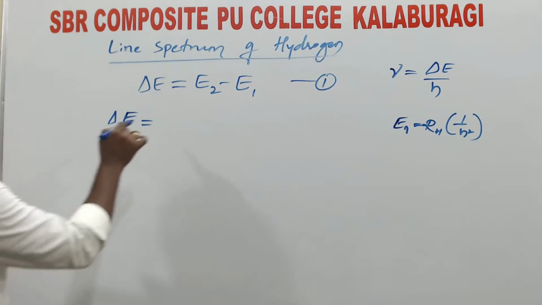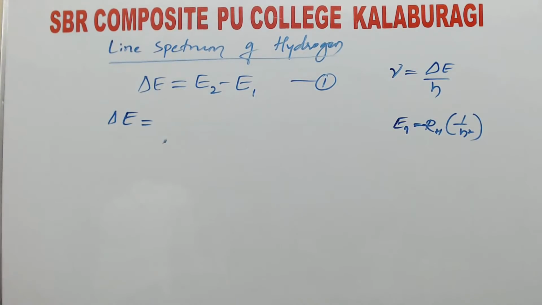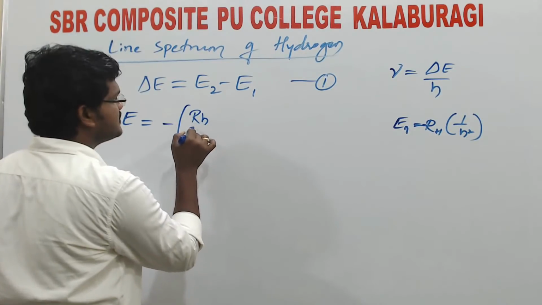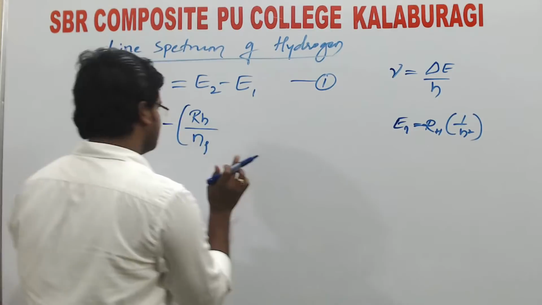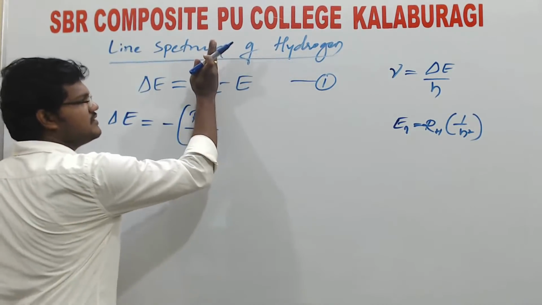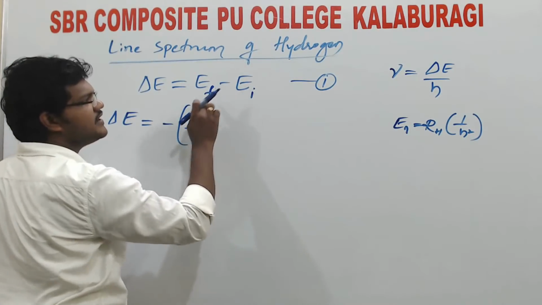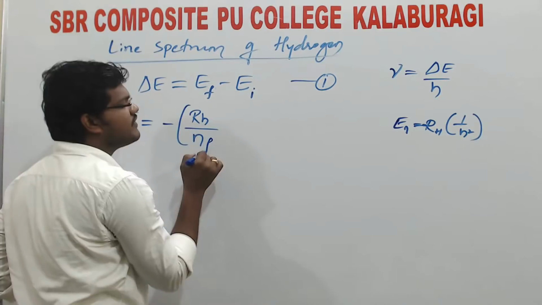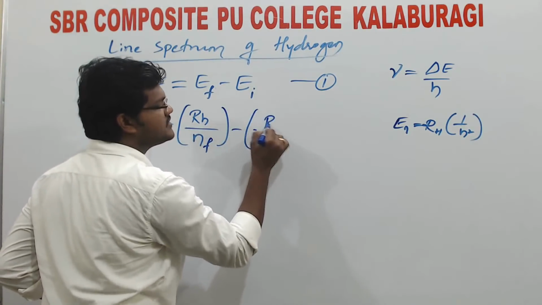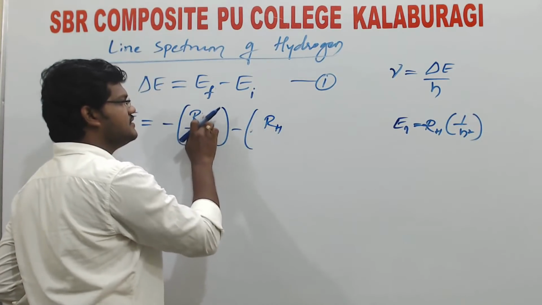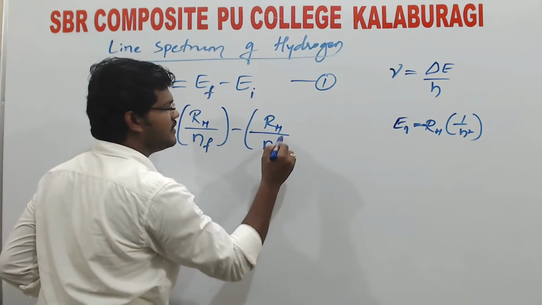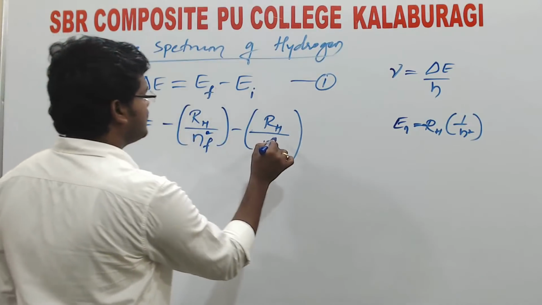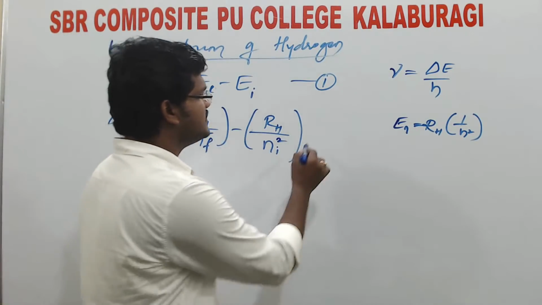According to this, I can write that as minus RH by N final square, minus of minus RH by N initial square. See, E2, E1 are nothing but final and initial. So this is my equation 2.